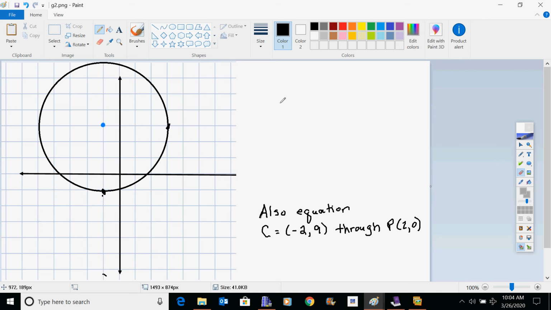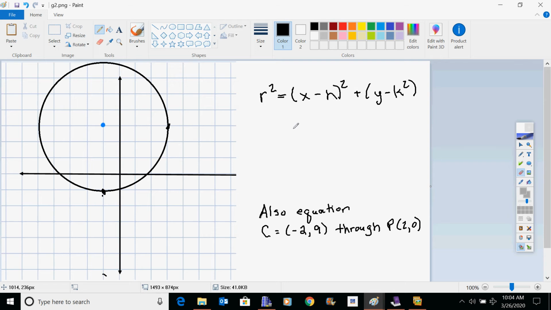We had your basic equation, r squared equals x minus h squared plus y minus k squared. And that's your basic equation that's going to take you through all kinds of questions on this.